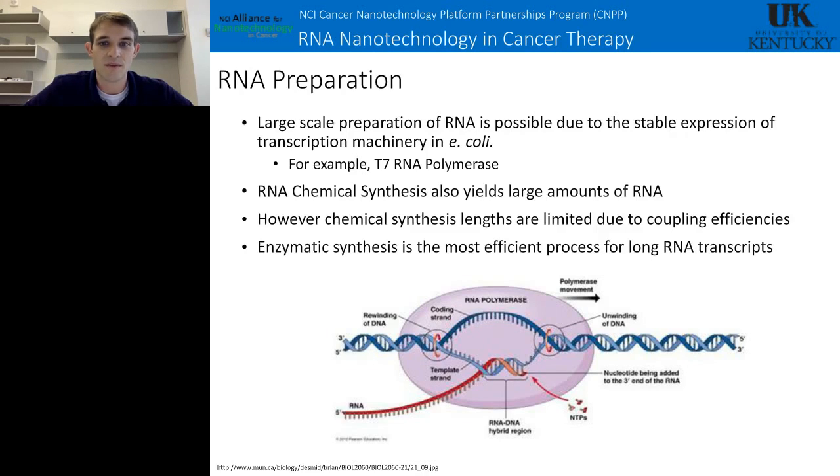It's the same method used as DNA chemical synthesis. This also yields large amounts of RNA. However, the length of chemical synthesis is limited to about 60 nucleotides, just based on the coupling efficiency of the phosphoramidite chemistry with RNA. So for longer RNA transcripts, enzymatic synthesis is definitely the most efficient process.